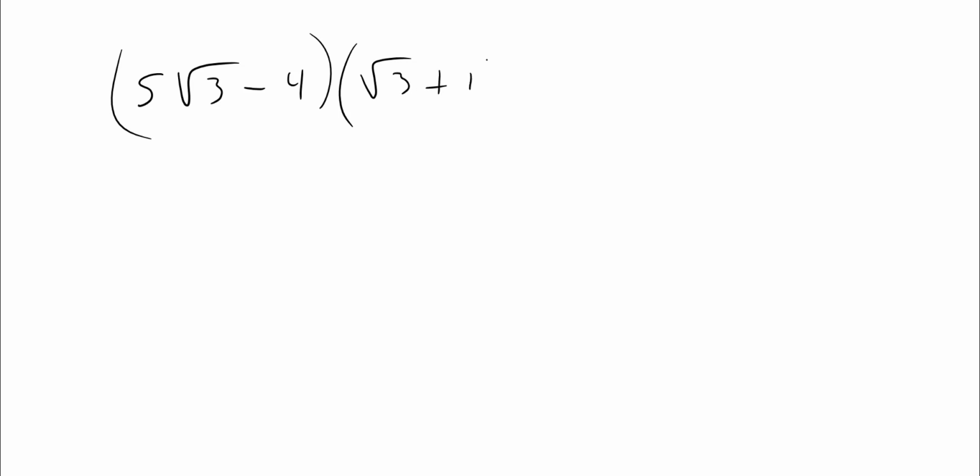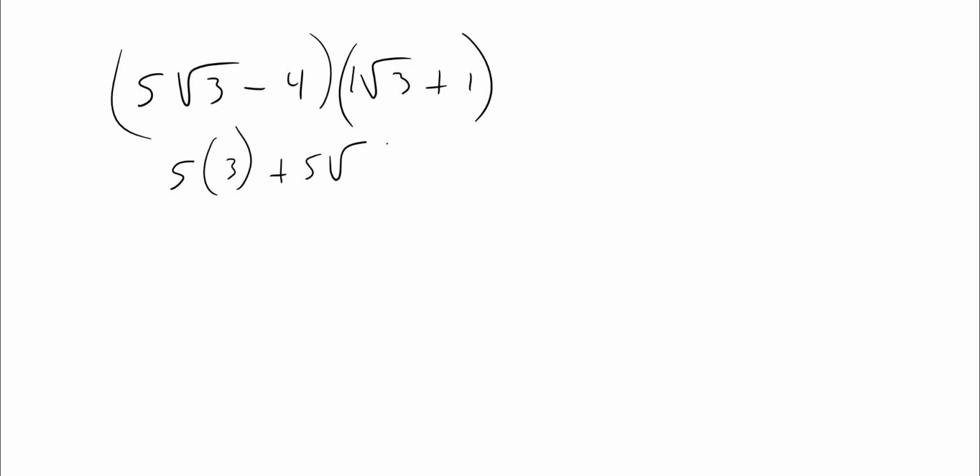Okay, last one. Again, we're doing the same thing over again, just being careful when you multiply stuff out. So 5 root 3 minus 4 and root 3 plus 1. Okay, so let's do FOIL. So 5 root 3 times, so I'm going to put a 1 here, just makes it easy. 5 root 3 times 1 root 3 is 5 times 3.